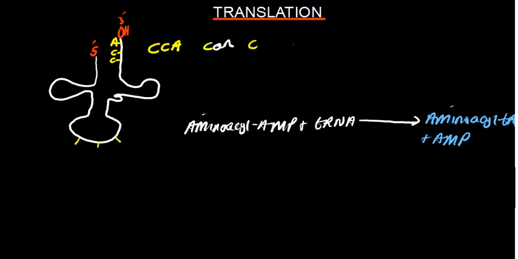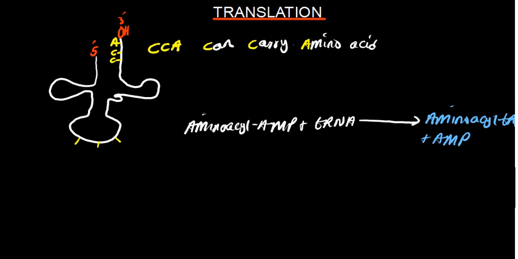CCA can carry, with A for amino acids. So this is the sequence which is always found at the 3' end for each and every tRNA.